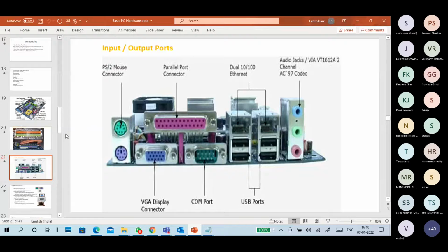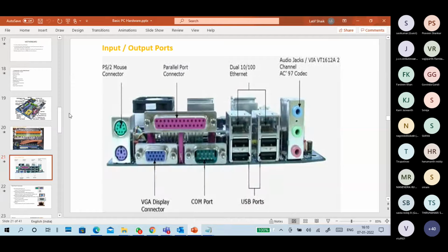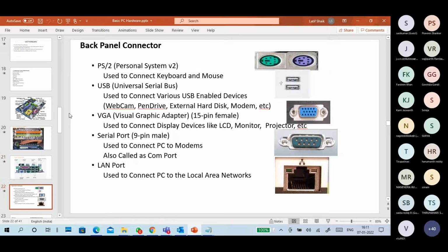These are the back panel connections: PS/2 mouse connector, keyboard connector, parallel port connector, serial port connector, VGA connector, HDMI connector, USB connectors, audio jack connectors. You can see different types of connectors look like this.